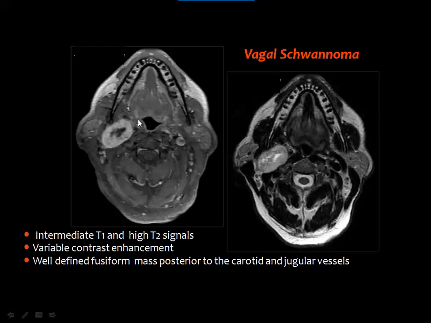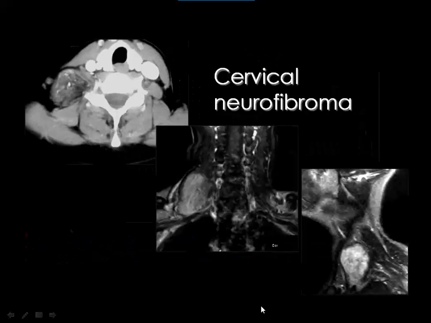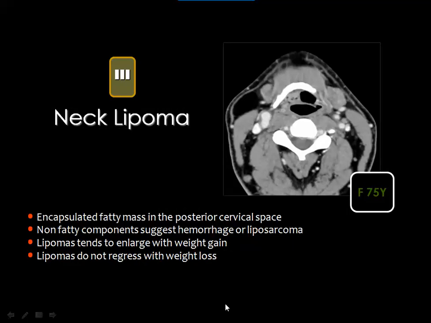They have a variable degree of contrast enhancement, and the lesion sometimes has a characteristic location, and this is one of the characteristic locations in the posterior triangle of the neck. This is a neurofibroma showing heterogeneous enhancement, and this is MRI, and T2 weighted images indicate the brightness of the tumor.